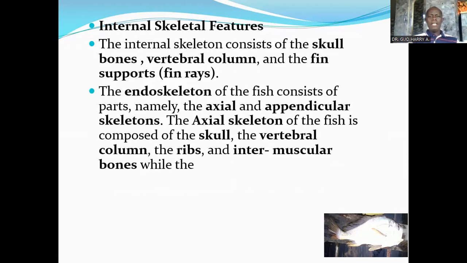The endoskeleton of fish consists of two parts, namely the axial and appendicular skeleton. Just as in other vertebrates, the endoskeleton is divided into the axial skeleton and the appendicular skeleton.